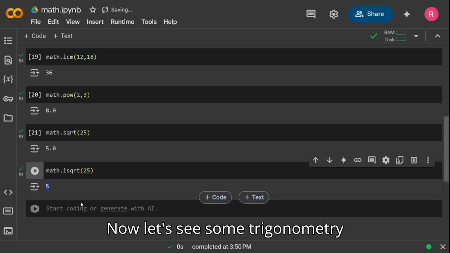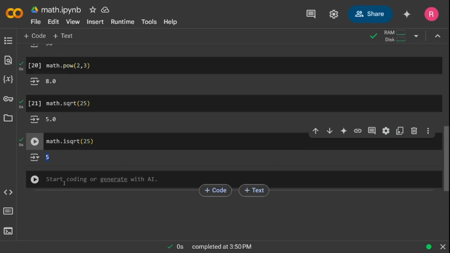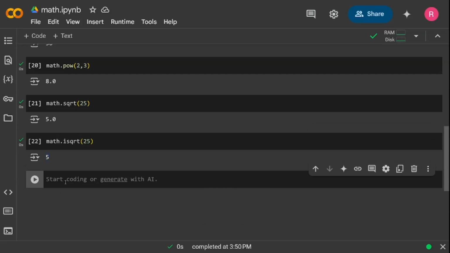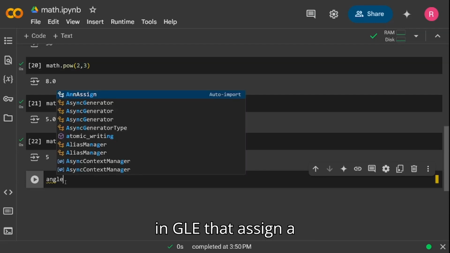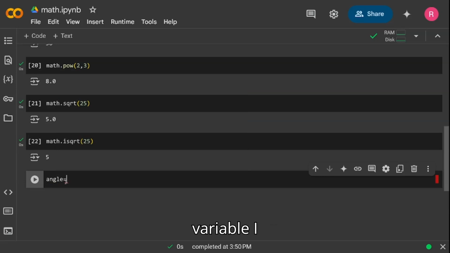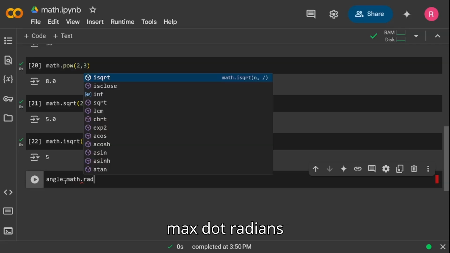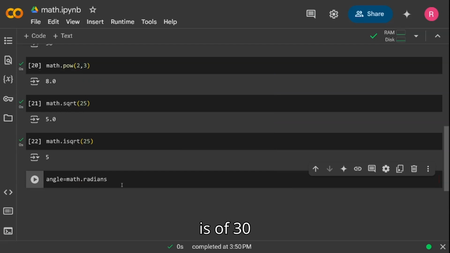Now let's see some trigonometry functions. First we see how we can get the angle. I assign a variable, angle, with the value math dot radians of 30.